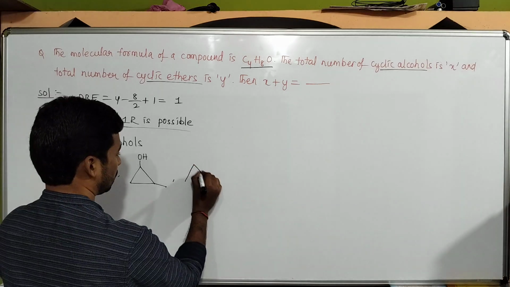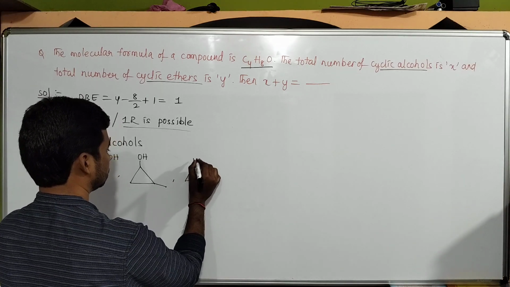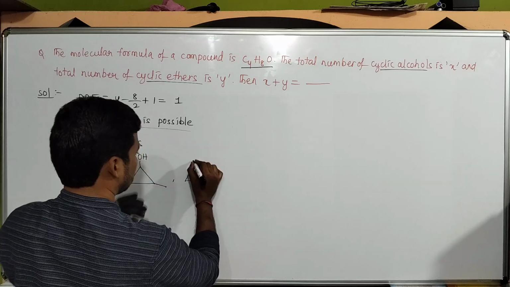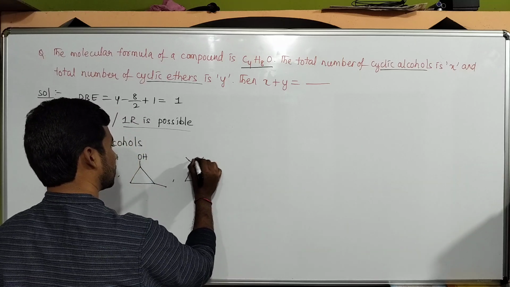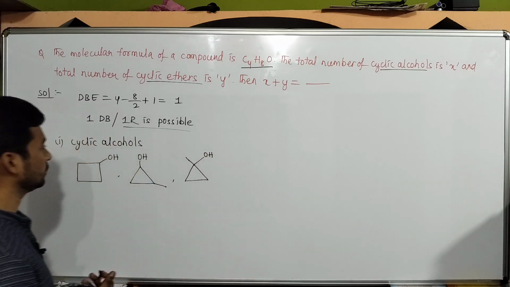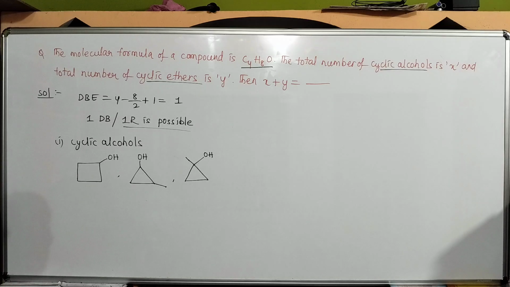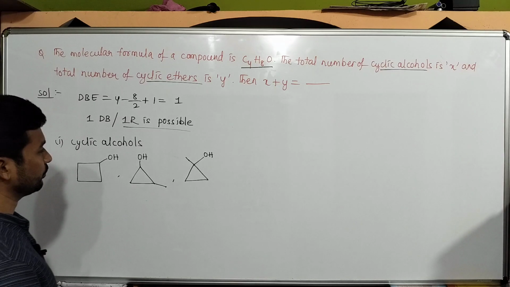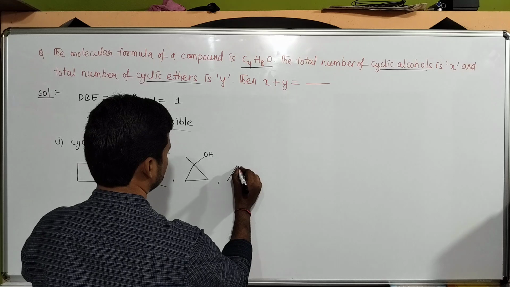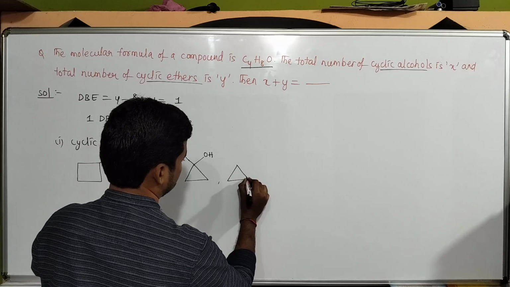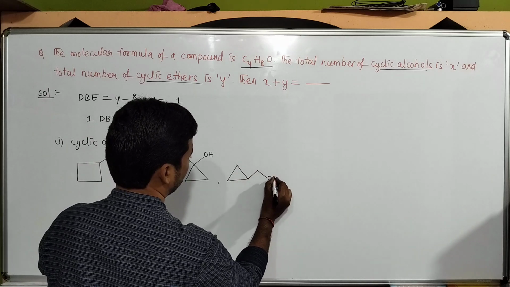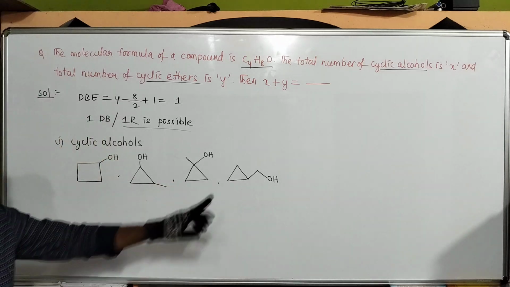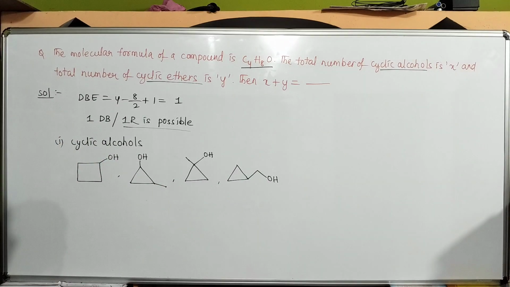Otherwise, we can write like this also: both OH and methyl group present on the same carbon. This is also possible. Next, any other? Yes, OH group present on a branch. This one is also possible. Cyclic alcohols, how many possible? 4 possible.